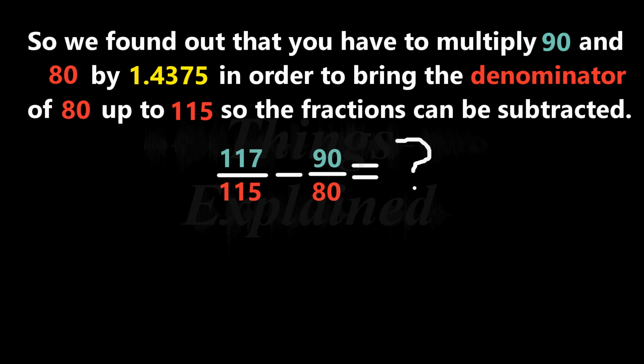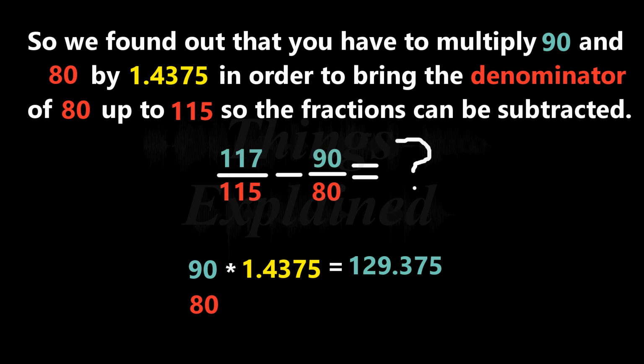So let's convert that fraction. 90 times 1.4375 is equal to 129.375, our new numerator. And 80 times 1.4375 is equal to 115, our new denominator.